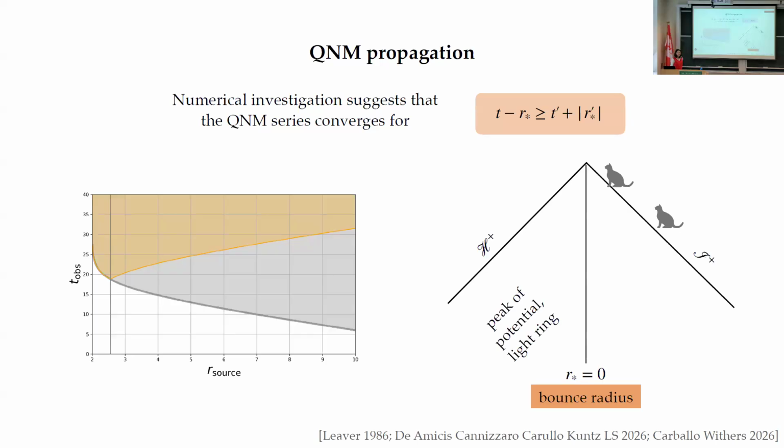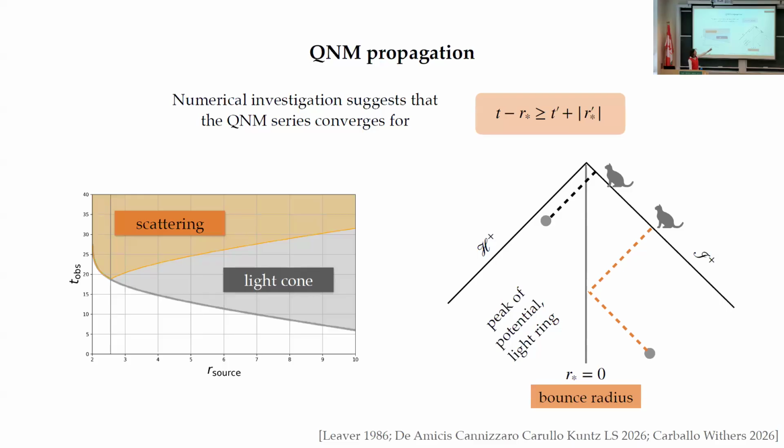So this condition is essentially a scattering condition. It means that if our source r star prime is at positive r star, so to the right of this so-called bounce radius, r star equals 0, then the observer far away will receive quasi-normal mode signals once the signal has had time to scatter off the bounce radius.